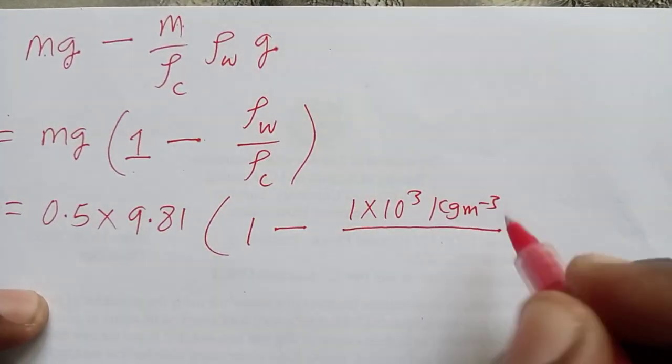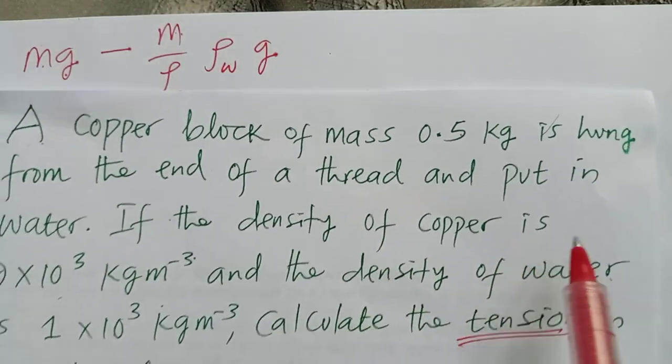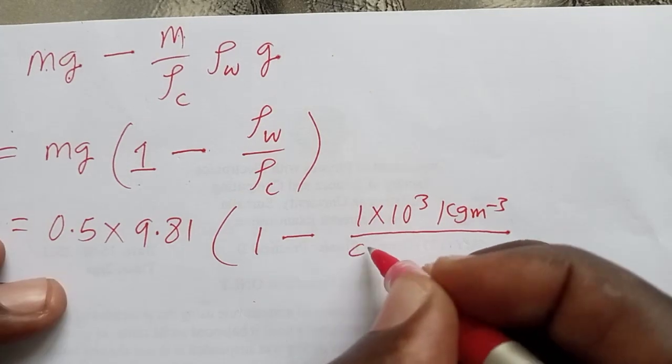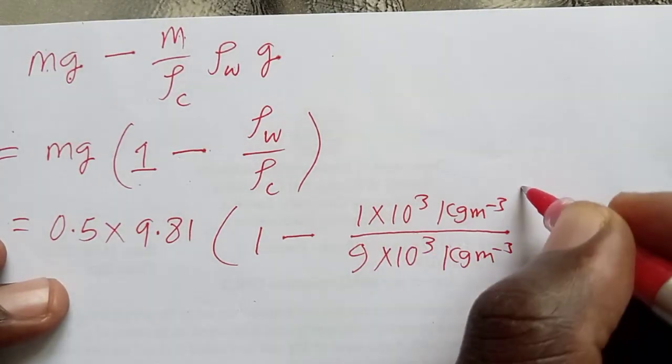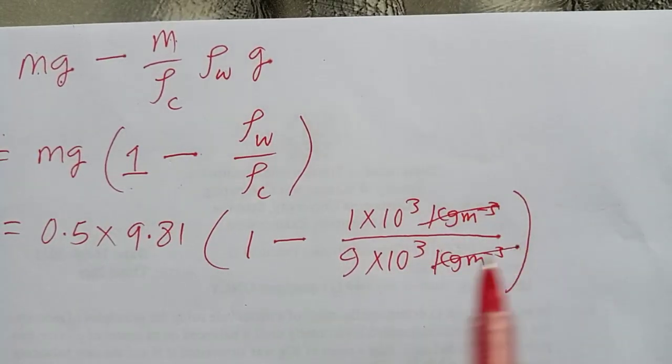Then divided by density of copper. They say the density of copper is 9 times 10 to the power 3, so I have 9 times 10 to the power 3 kilogram per cubic meter. Close bracket. You see, these units are the same, so they will cancel each other.